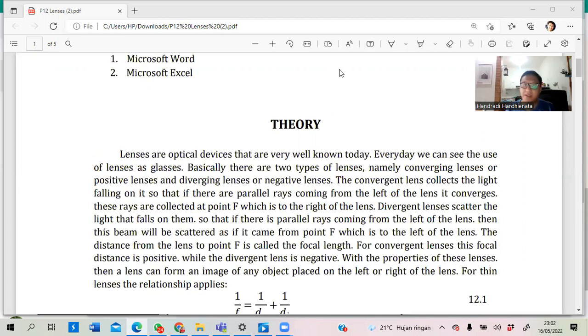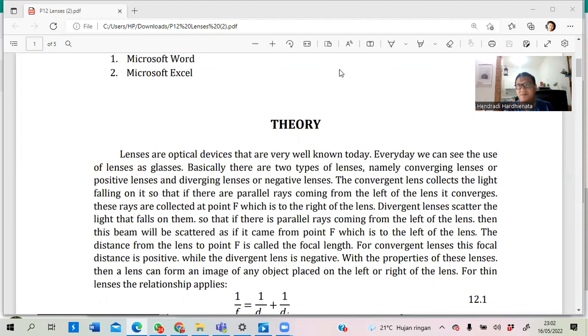I think the theory you already have in class during the lecture about optics, light propagation, in particular how light propagates through lenses.